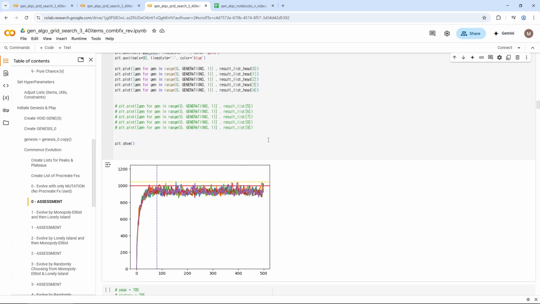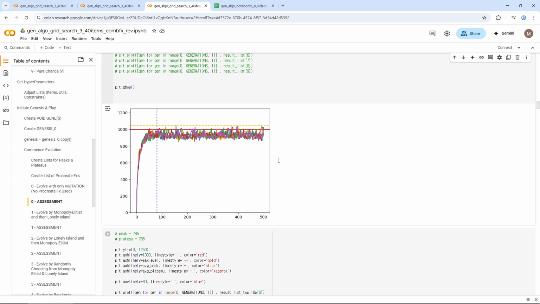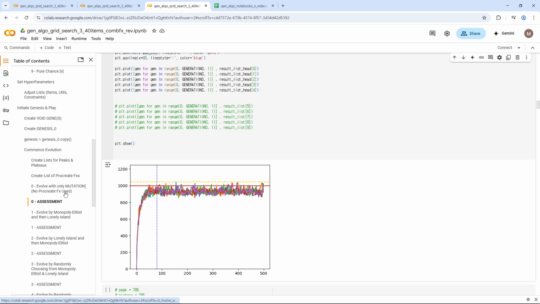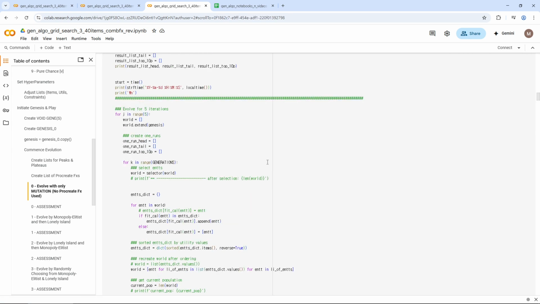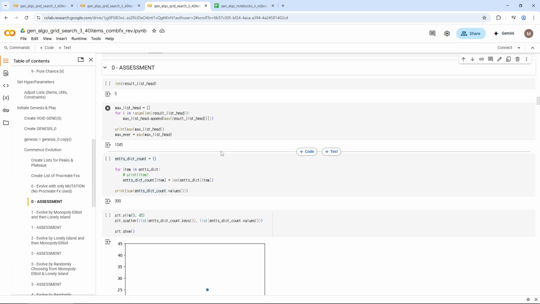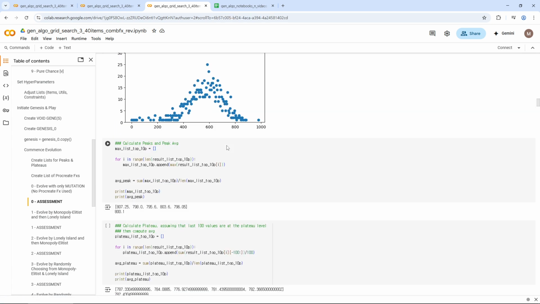Because these lines are for the top entities, they oscillate a lot, like we've seen many times.